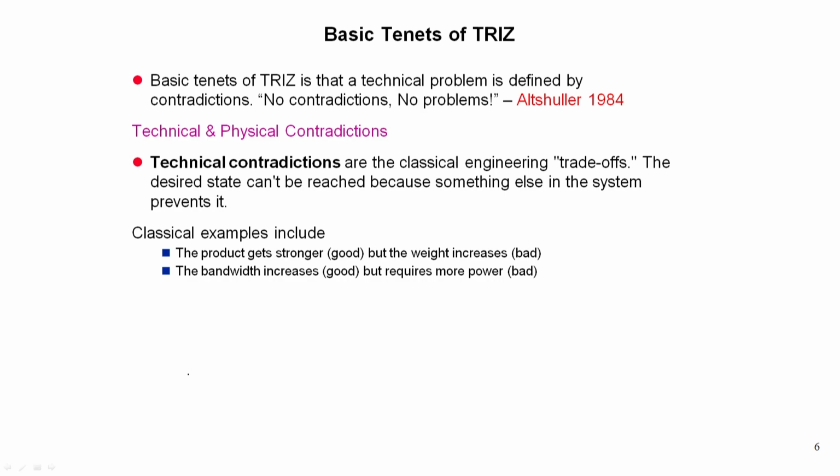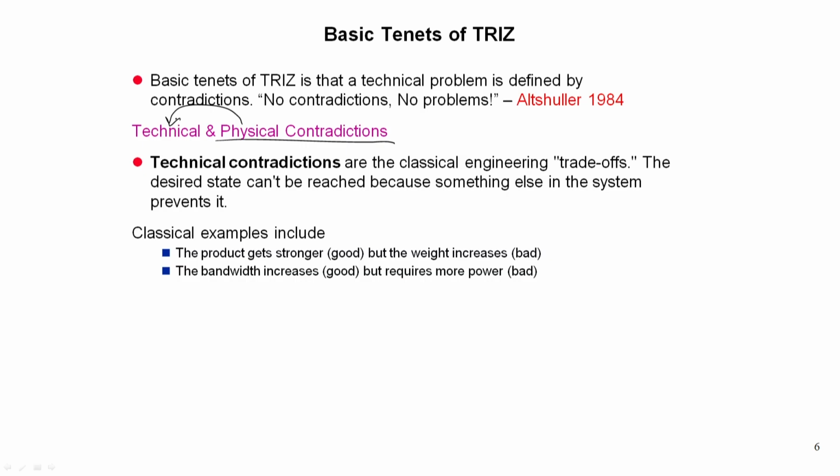Well, in the language of Altschuler, no contradiction, no problem, which means the basic tenet of TRIZ is that it is defined by contradictions. Any new design must have some contradictions in it. Now, these contradictions will be initially physical contradictions, and our challenge will be to translate all the physical contradictions to technical contradictions.